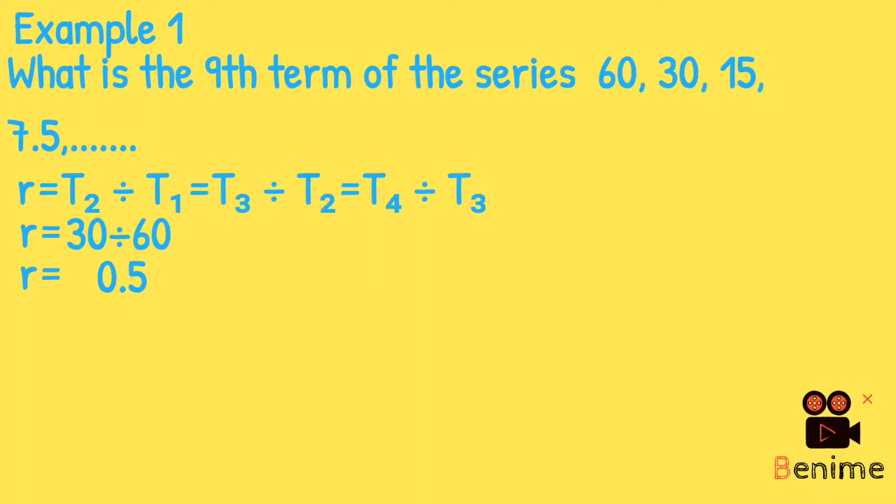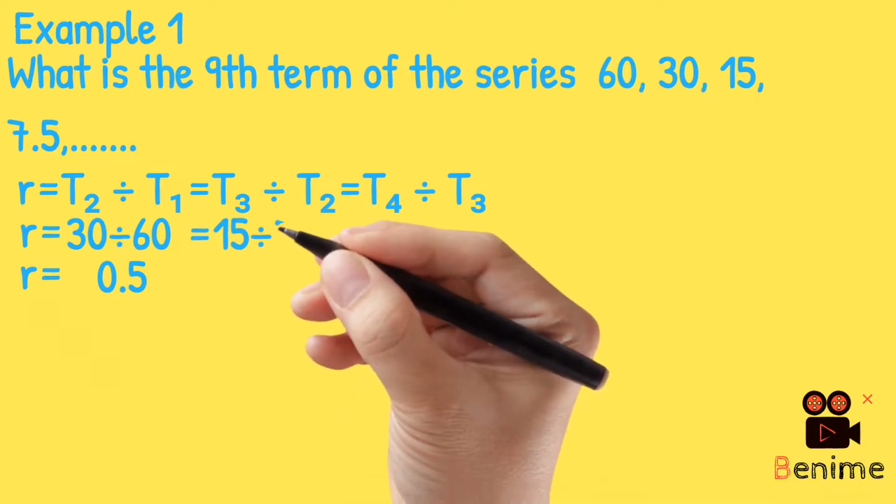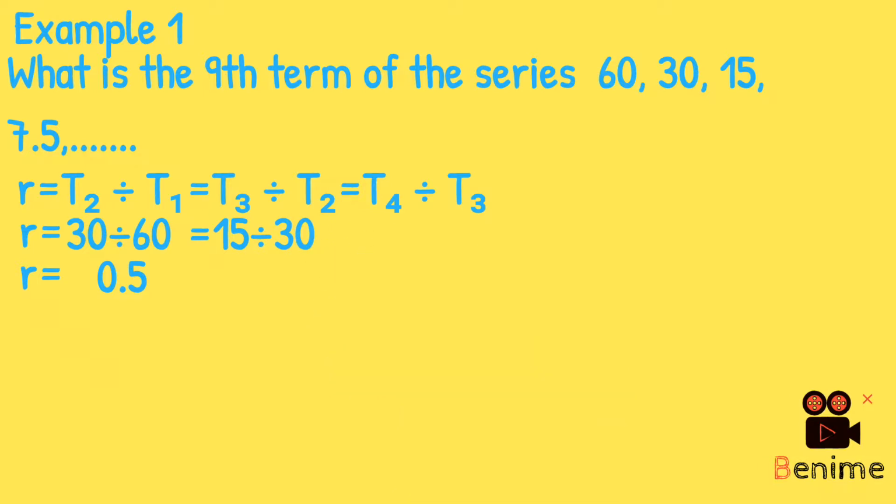Now, if you use the other formula, that is T3 divided by T2. T3 is the third term, T2 is the second term. The third term is 15, the second term is 30. So T3 divided by T2 is 15 divided by 30, which will still give you 0.5.